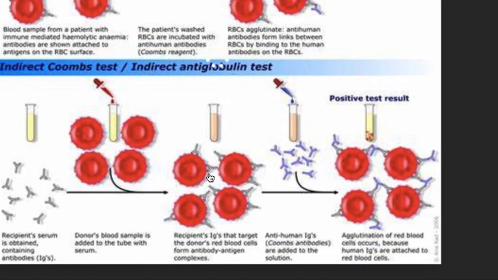As we are studying diagnostics, it's okay, we are not discussing the indirect test in detail right now. The indirect Coombs test is used like this: they take the serum from the recipient, which contains the IgG antibodies, then they take the donor blood sample and add it. Now the antibodies are attached to the antigens.